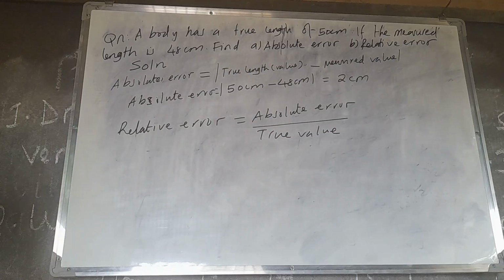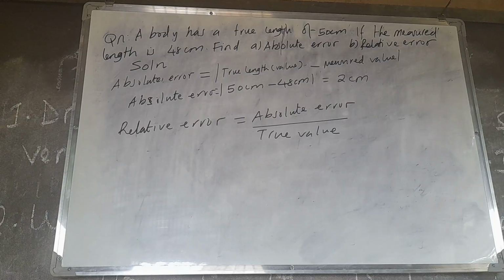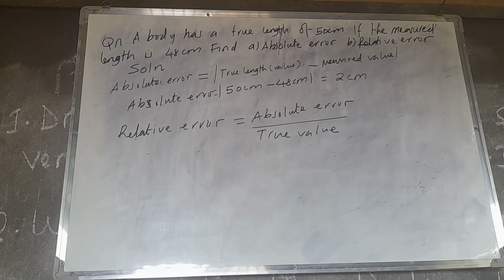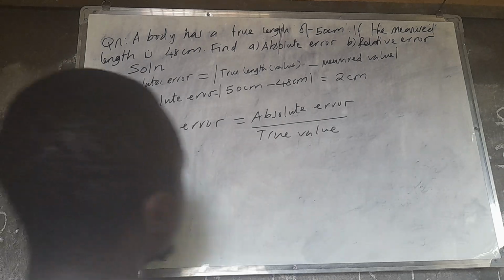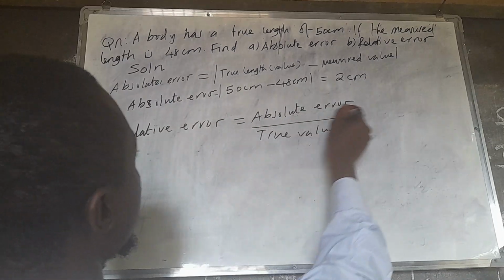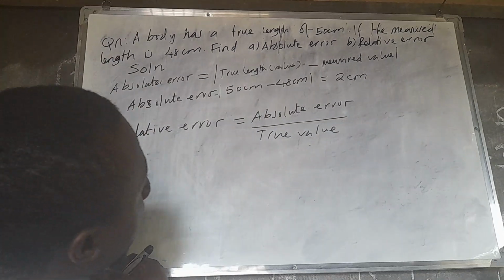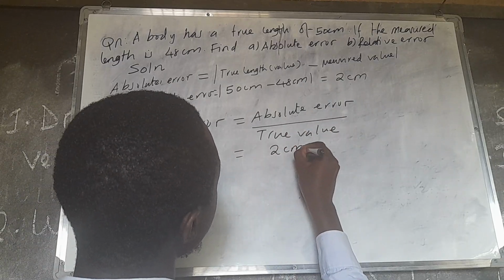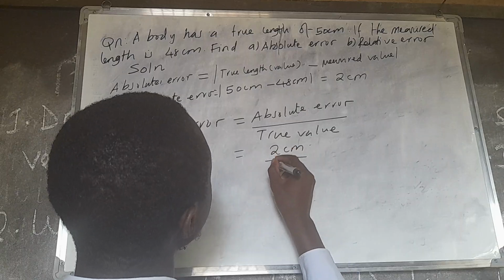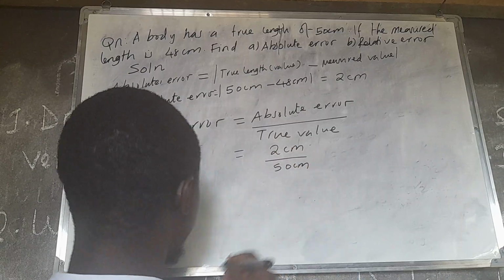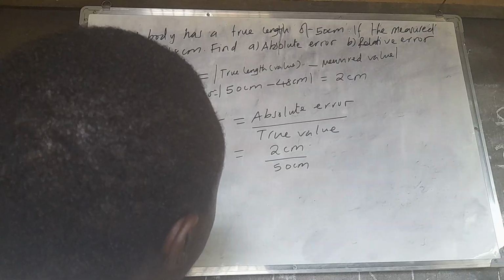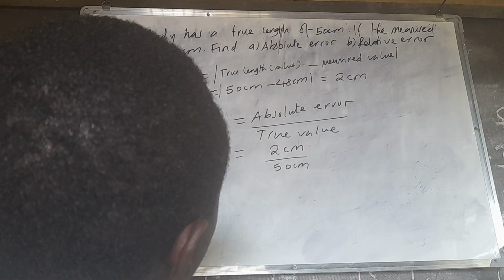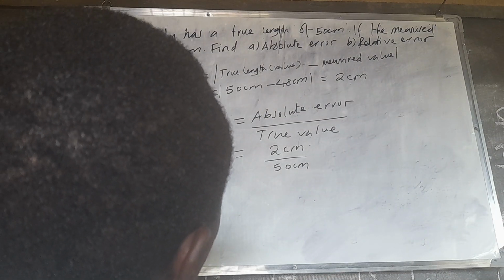So we may say the relative error is equal to absolute error divided by true value. Now you may find absolute error is 2 centimeter over true value, which is 50 centimeter.